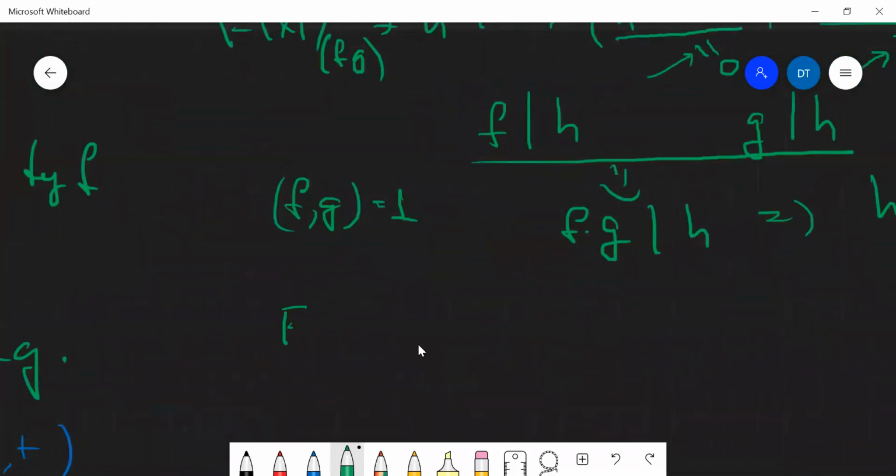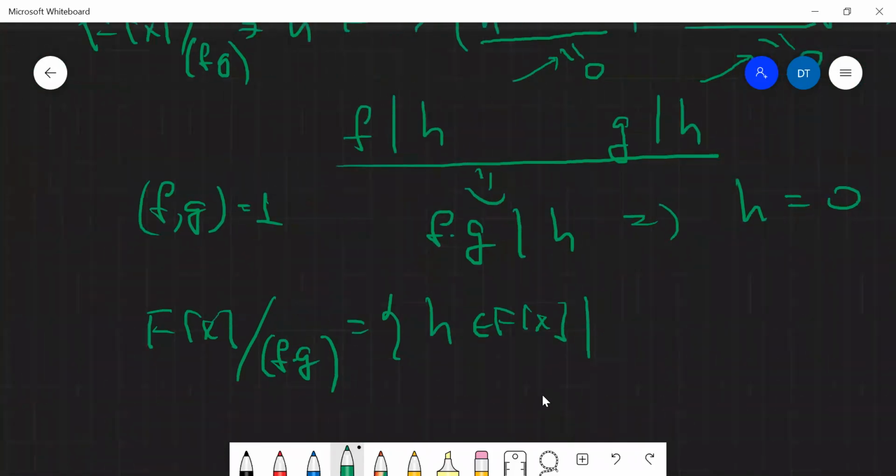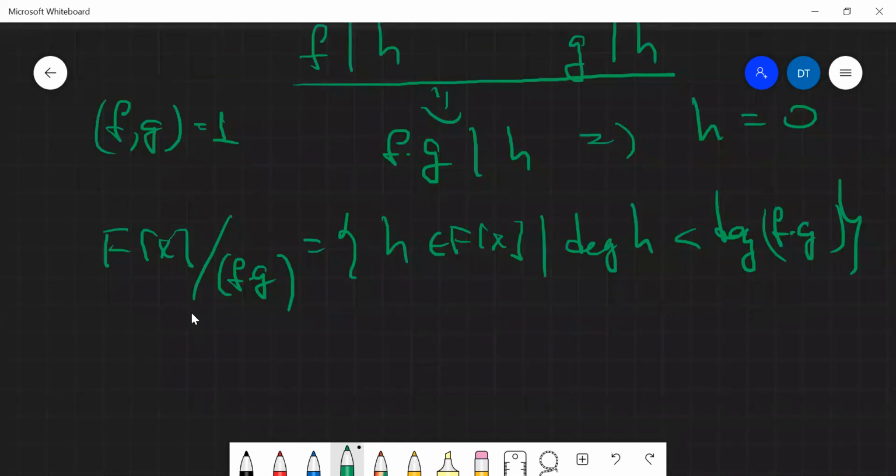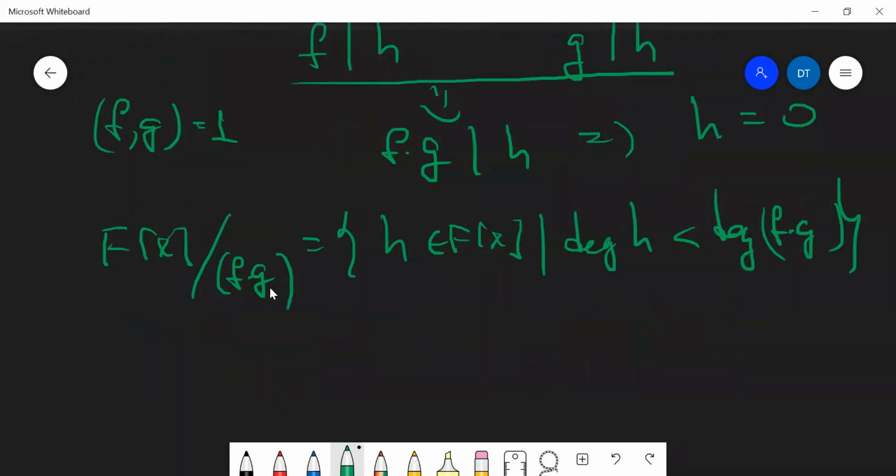So f of x quotient by f times g is the set of all polynomials h such that the degree of h is strictly smaller than the degree of f times g. This is just by definition of the ring of remainders.